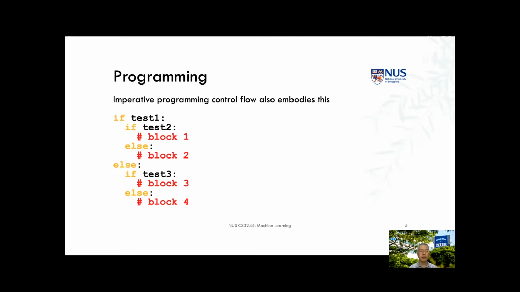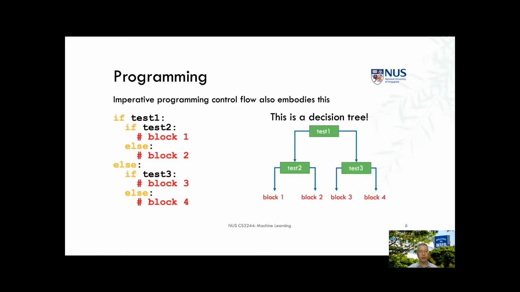Here we have an outer test one and two inner tests, test two and test three, that tell us which of the 4 blocks of code we are going to run. We pick the most important state of the algorithm for test one, and depending on the outcome, decide whether to test another part of the state, test two or test three, to decide which of the 4 blocks to run.